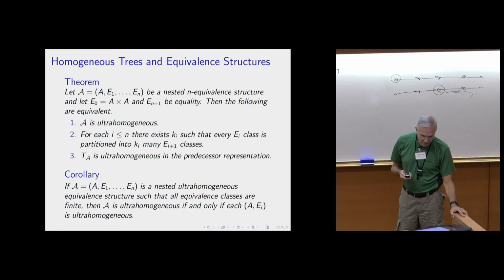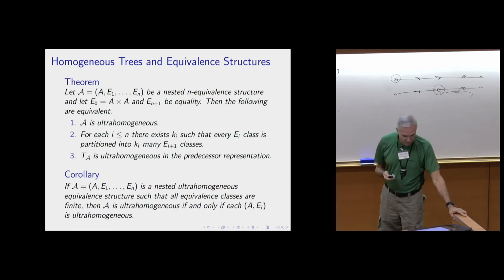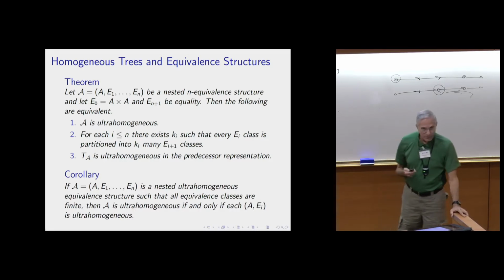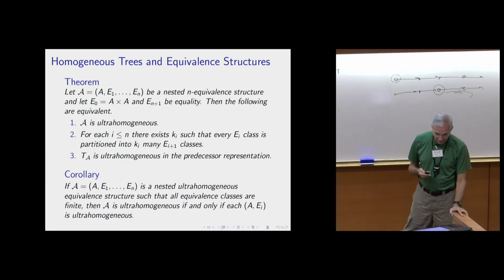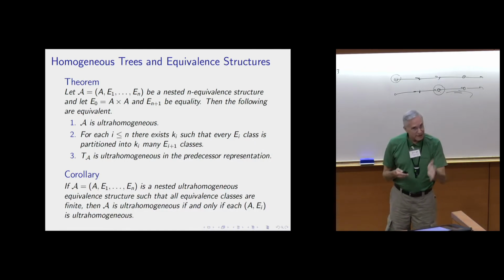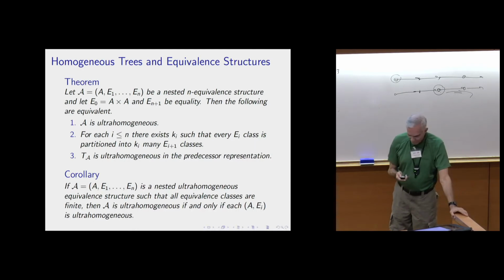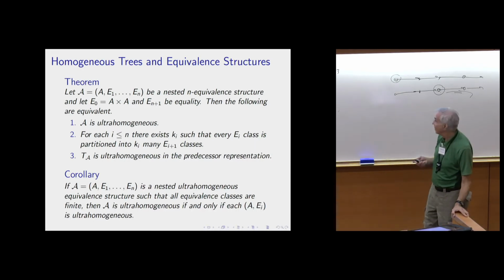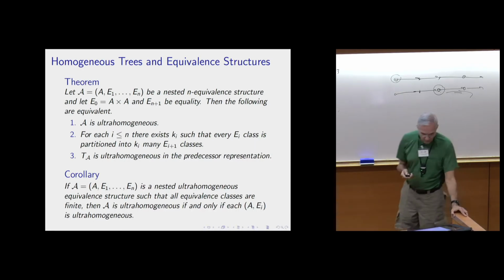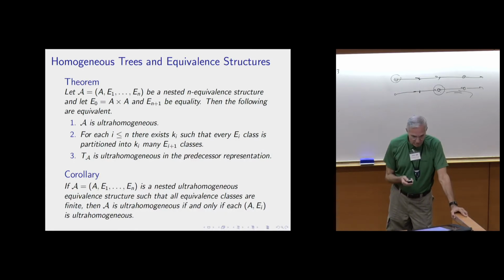So the equivalence structure will be ultra-homogeneous if and only if the corresponding tree is ultra-homogeneous in the predecessor representation. And of course, we know this corresponded to partitioning, that for the tree you had to have an equal number of branches at every level. So the picture preserves the notion of being ultra-homogeneous.